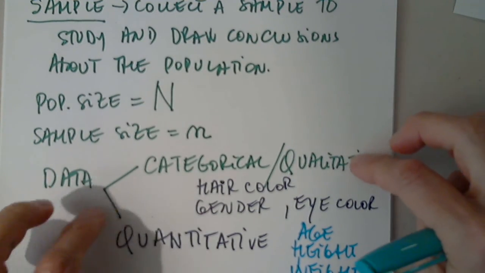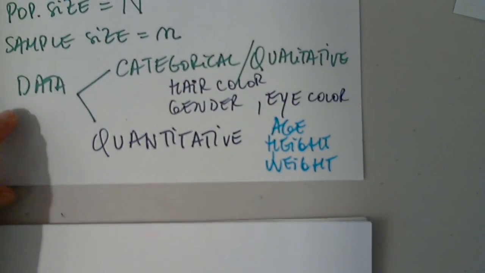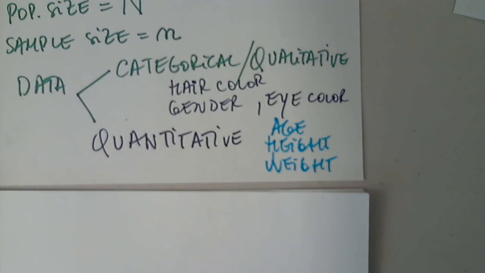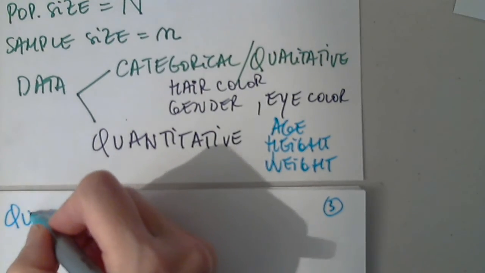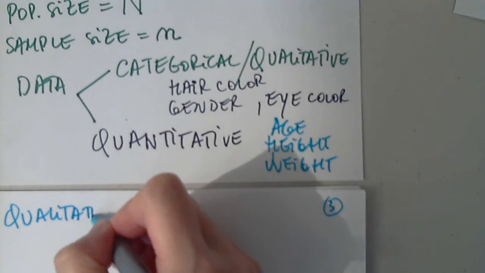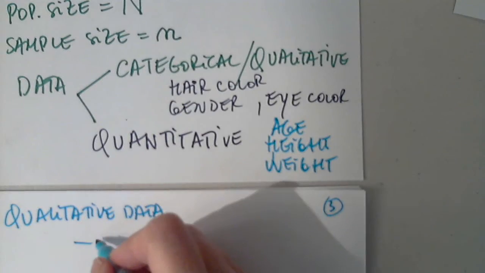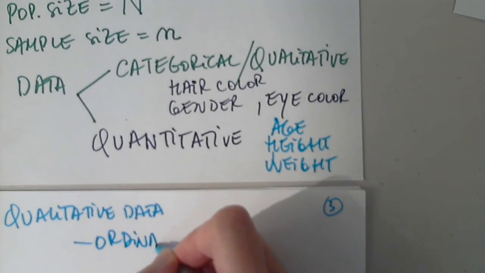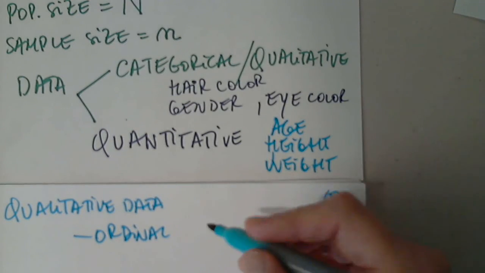The qualitative data can be of two types. So qualitative type, ordinal. I can present them in an order, like grades.